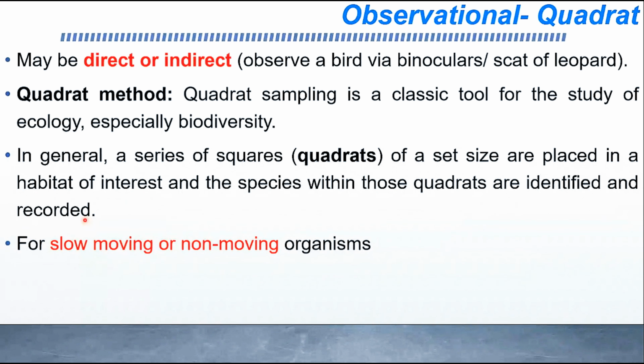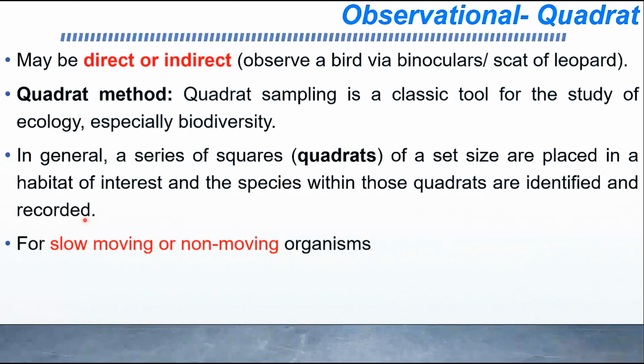Or maybe you can look at the excrement or scat of a leopard. Okay, when you're roaming through a forest, you have not actually seen the leopard. You have just seen its excreta, and by looking at the excreta, you come to a conclusion that there is a leopard in this particular forest, right? So this becomes the indirect way of understanding biodiversity, right?